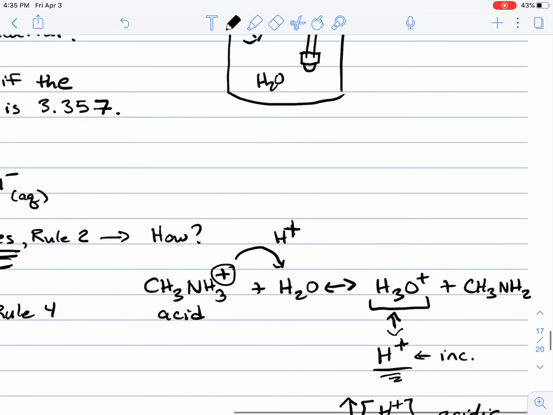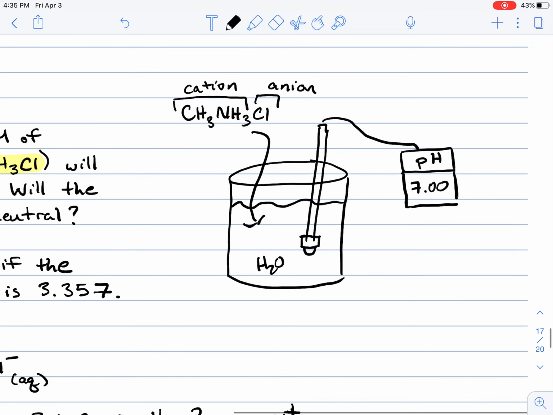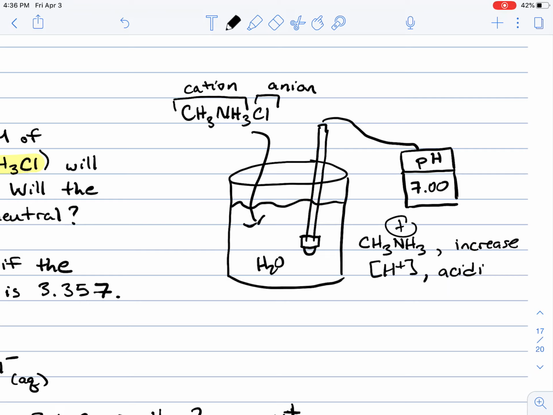Going back to this diagram, if we place this ionic compound in solution, it is methyl ammonium that's going to increase the concentration of H+, thereby making the solution more acidic.